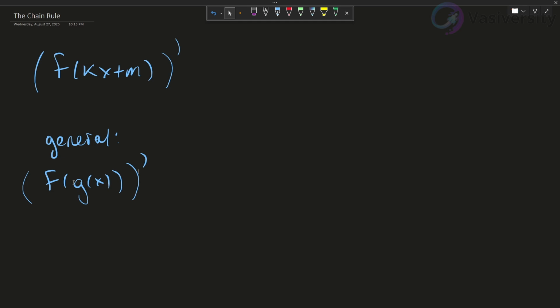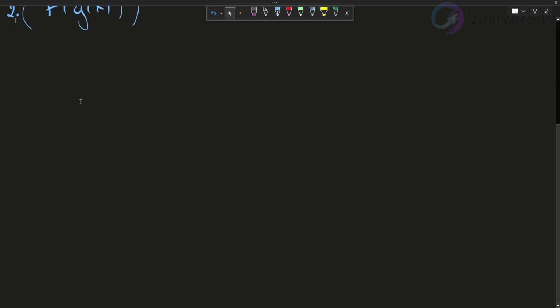So let's take a look at the first one, number one. For the first one, remember delta f over delta x as delta x approaches 0.